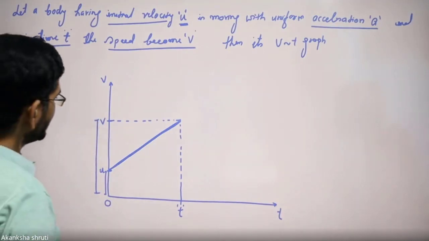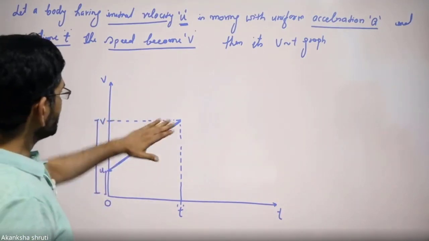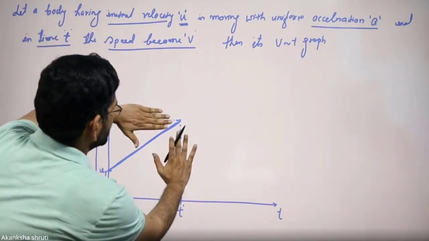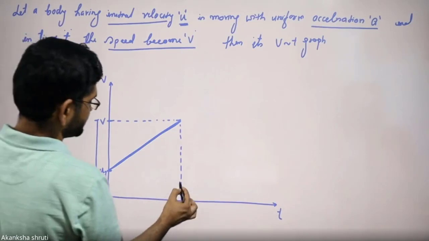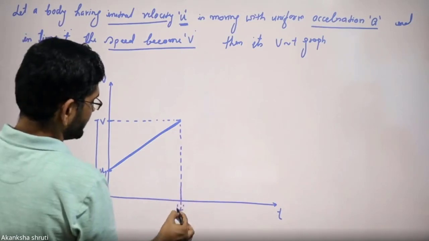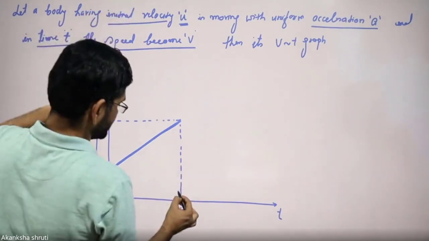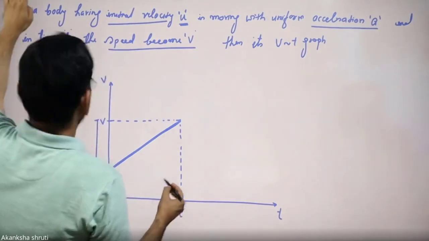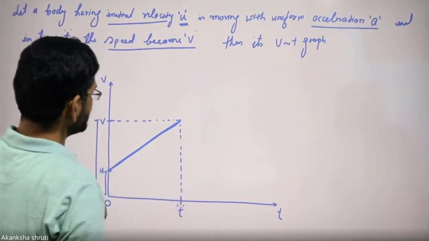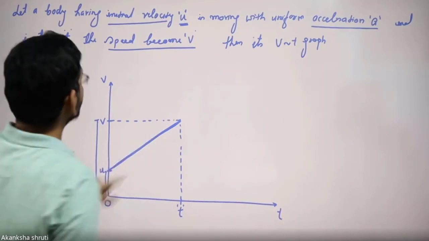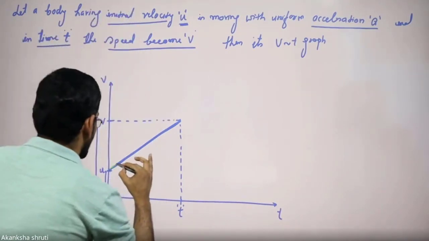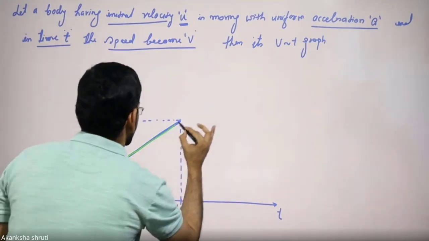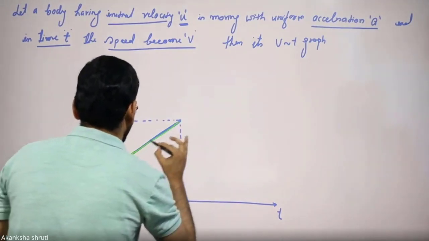Students, this dotted line is just for locating our v and t. Leaving this dotted line, this solid line is representing the curve. Let me mark it in gray. This is the curve.